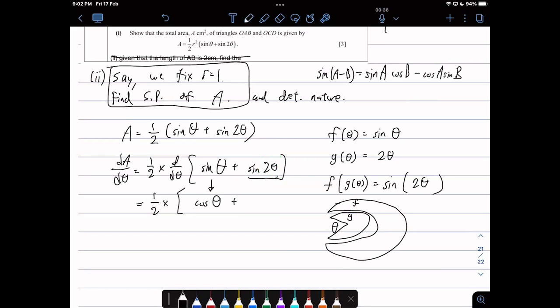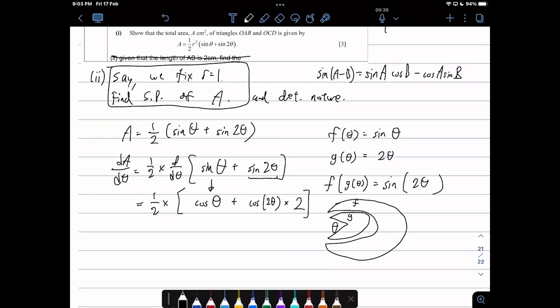So the sine outside function becomes a cosine. Inside keeps the same, the 2 theta. Then you times the derivative of the inside. Differentiate the 2 theta, you get 2. Done.